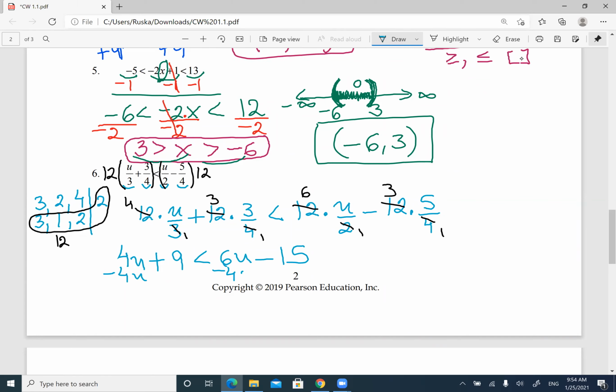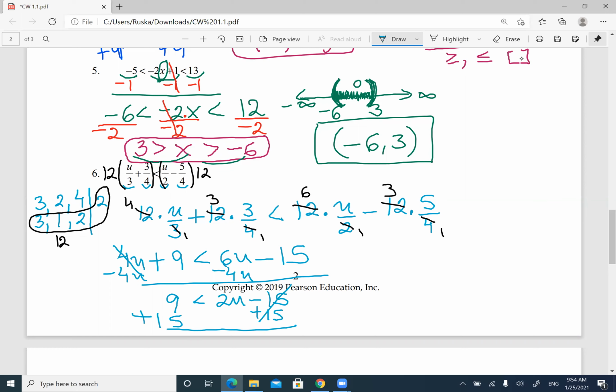So minus 4u on both sides. So we're going to get 9 less than 2u minus 15. And then because we decided to move u to the right side, we have to move 15 over. So we're going to add 15 on both sides.